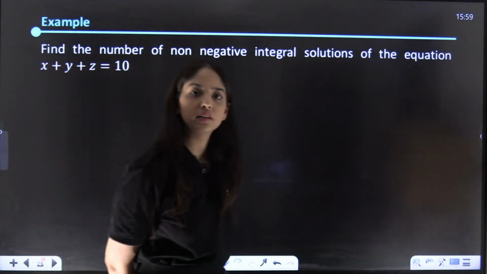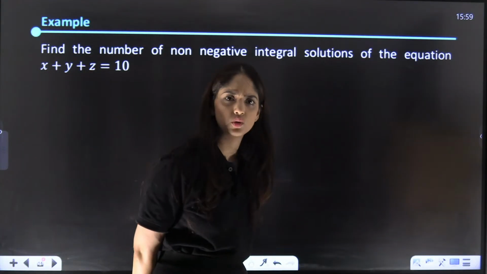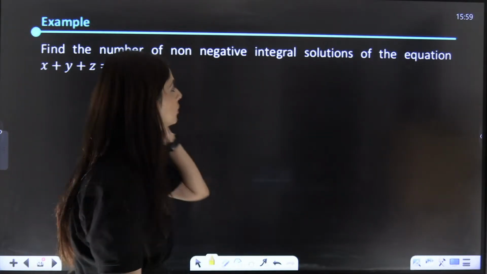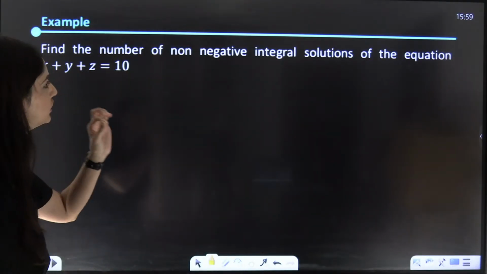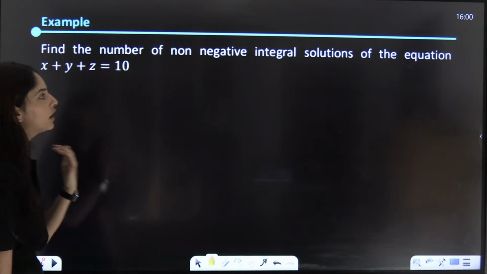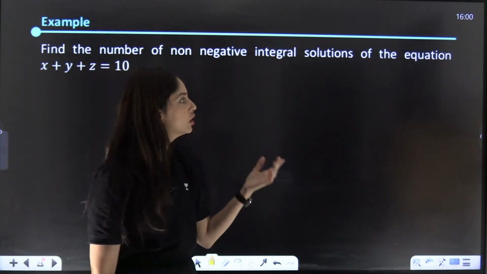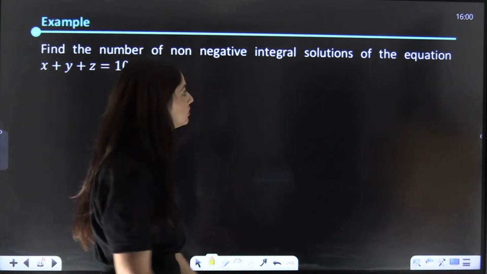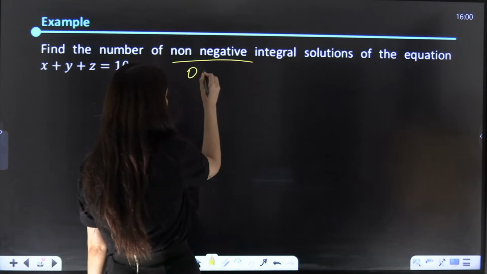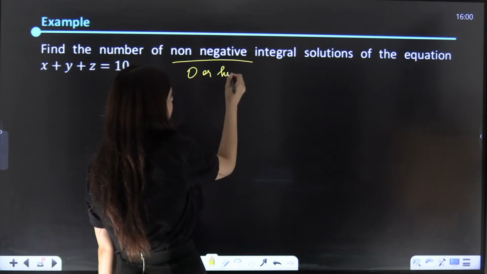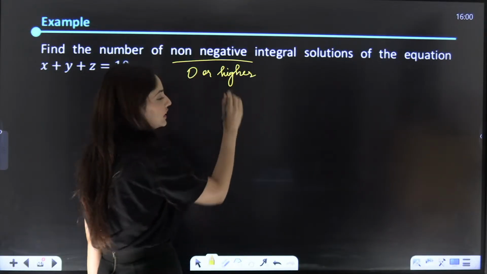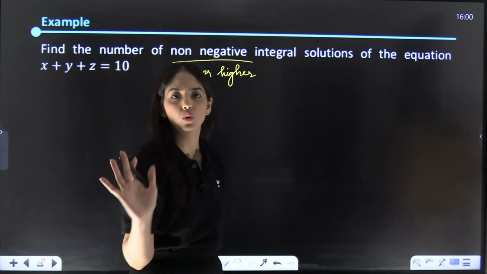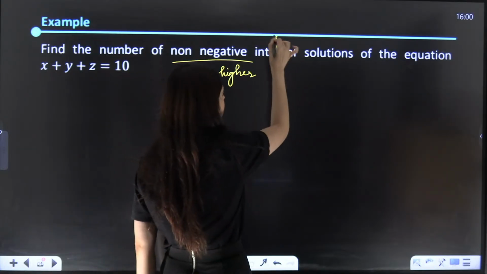So now, having directly applied the formula and seen what we did, let's look at some more problems. So this we just did. Find the number of non-negative integral solutions of the equation. Non-negative, that means 0 or higher, right? Cannot be negative. It can be 0, 1, 2, but integer.